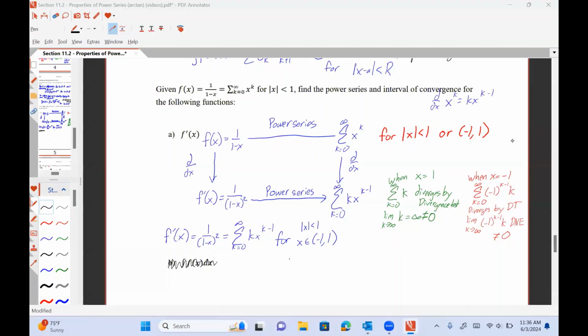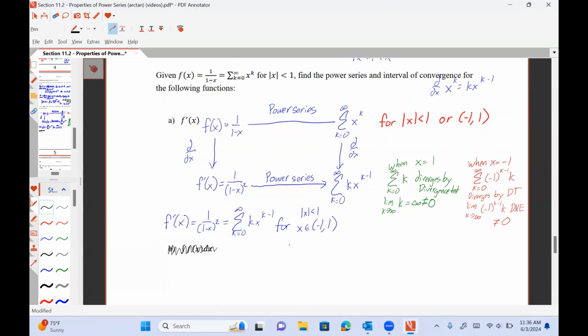Now, something we want to note about this series is that when k equals 0, we would have 0 times x to the negative 1, or 0 over x. And at the center, 0, this is 0 over 0. We don't like this.